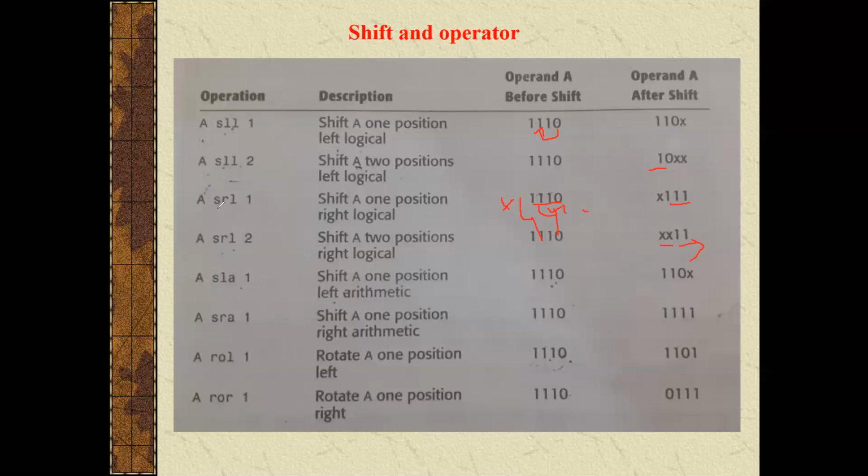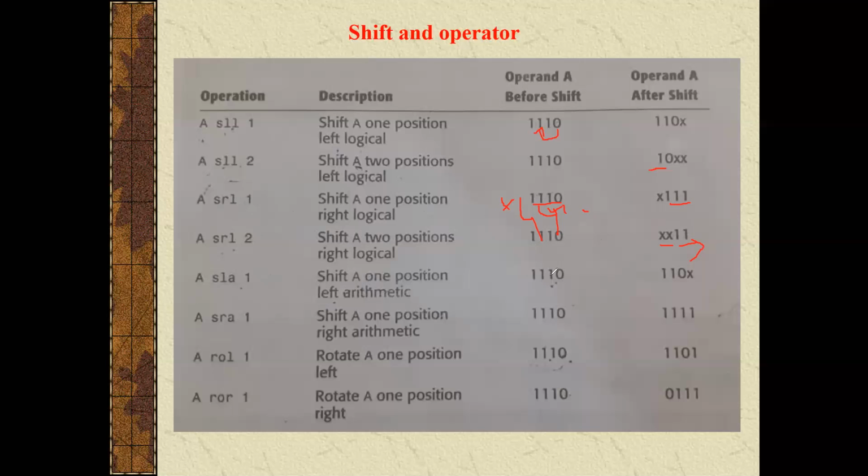So to perform a shift operation on the right side, SRL 1 is a 1 bit shift, and SRL 2 is a 2 bit shift. A SLA 1 is shift 1 position left arithmetic.